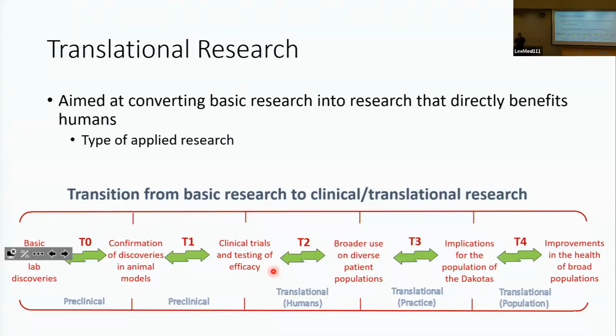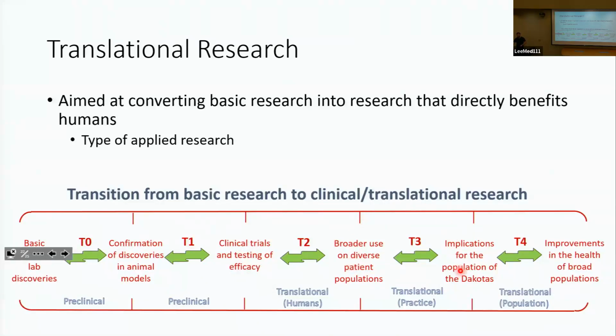So it's a type of applied research where we are going from those basic lab discoveries, and perhaps we figure something out in a petri dish, now we apply it in an animal model and we see if it holds true. So that's a little more translational. Then once we've done our animal models, maybe we perform clinical trials and testing of efficacy. Once we've done those clinical trials, we move on to a broader use on perhaps a diverse range of patients.